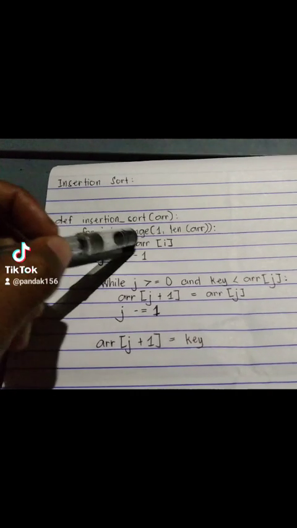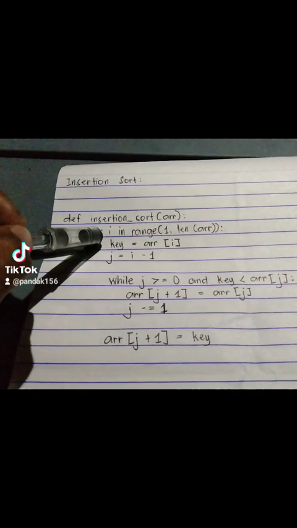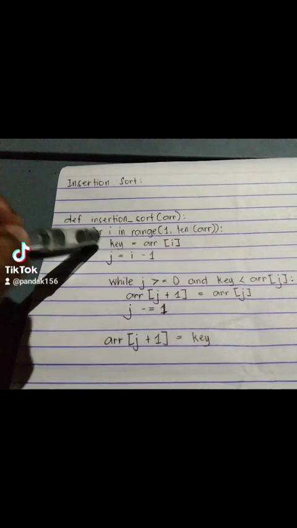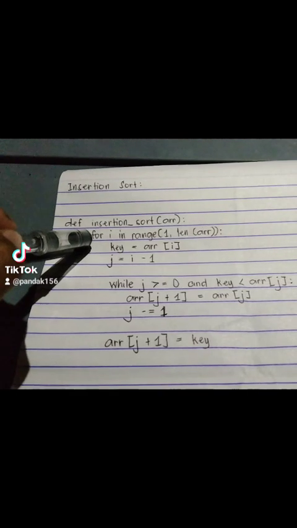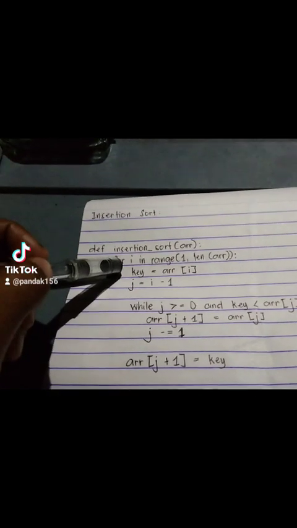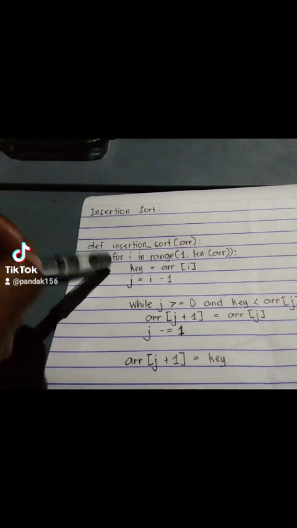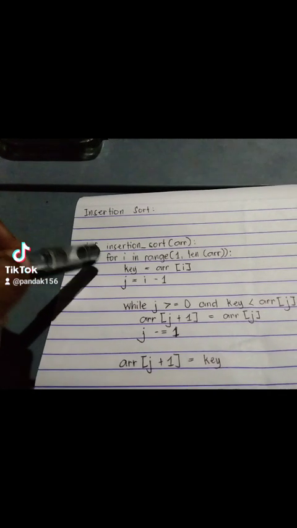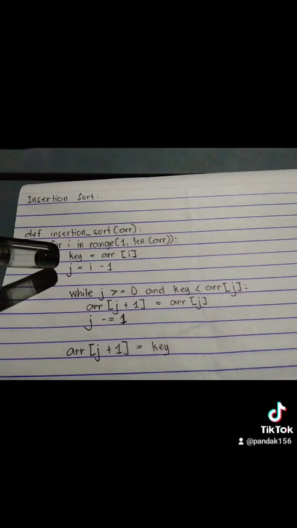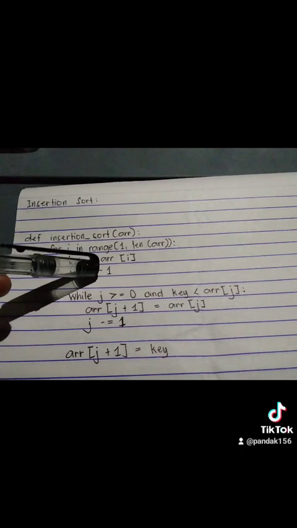k = array[i]. In this line, inside the loop, this line assigns the current element being considered to the variable k. This element will be compared and inserted into the sorted part of the array. j = i - 1.